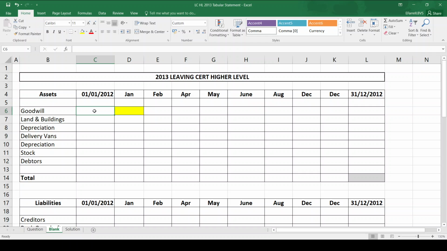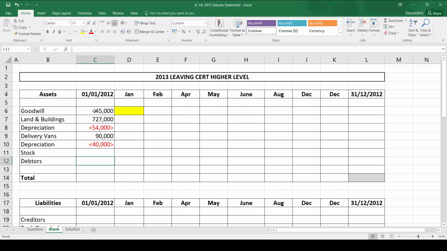So first of all, goodwill, the net book value of goodwill is 45,000 from the balance sheet. For the land and buildings, we're going to put in the cost of 727,000 and the depreciation, which is minus 54,000. For delivery vans, we're going to put in the cost of 90,000 and the depreciation of minus 40,000.